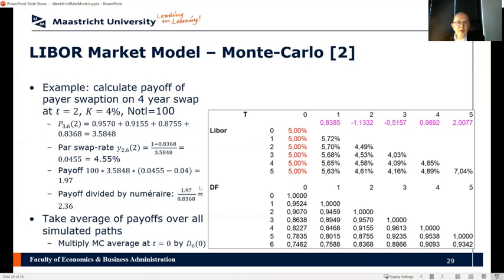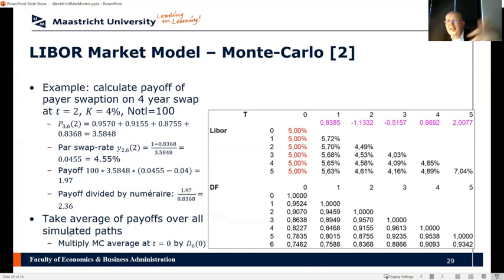So I take my payoff of 1.97 and I divide this by the numeraire, and this gives me a value of 2.36. And that would be the relative value of this payer swaption at time t is 2 in this one particular simulated path of the Monte Carlo simulation.